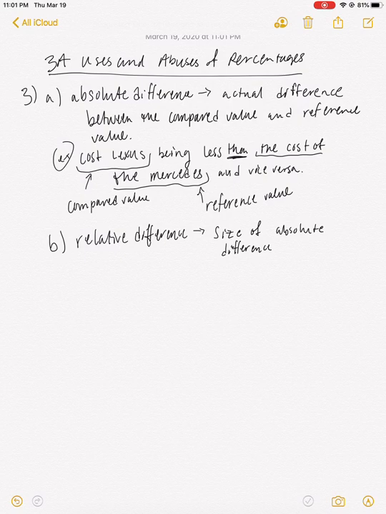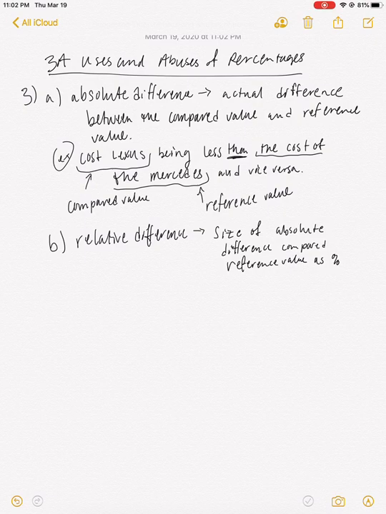So we compare it to the reference value as a percent. So we want to say like the cost of the Lexus is a percent less than the cost of the Mercedes. Okay, when you compare them.